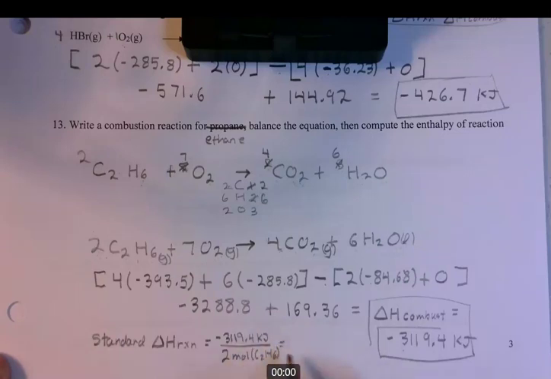Okay, so you do the division on that, and you get a standard enthalpy of reaction of half that number. And that would give you, let's just call it 1,560, and again it's negative, and that's kilojoules per mole.